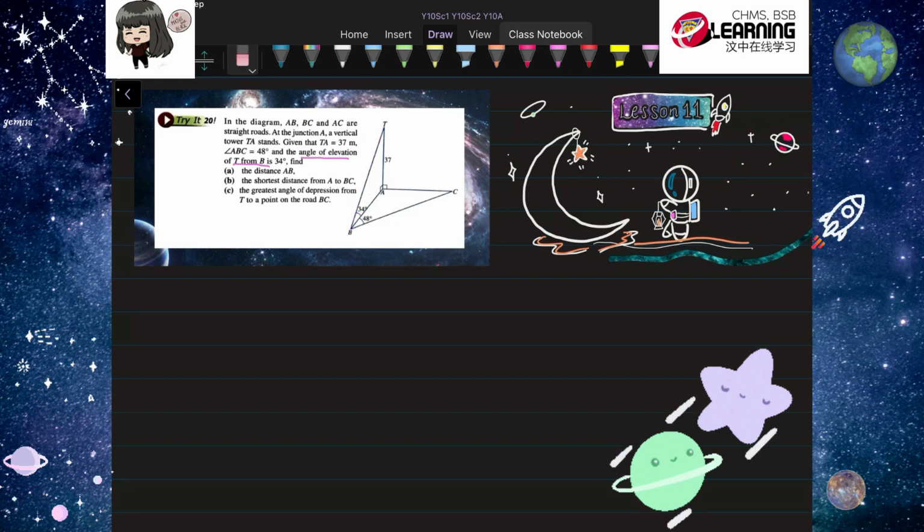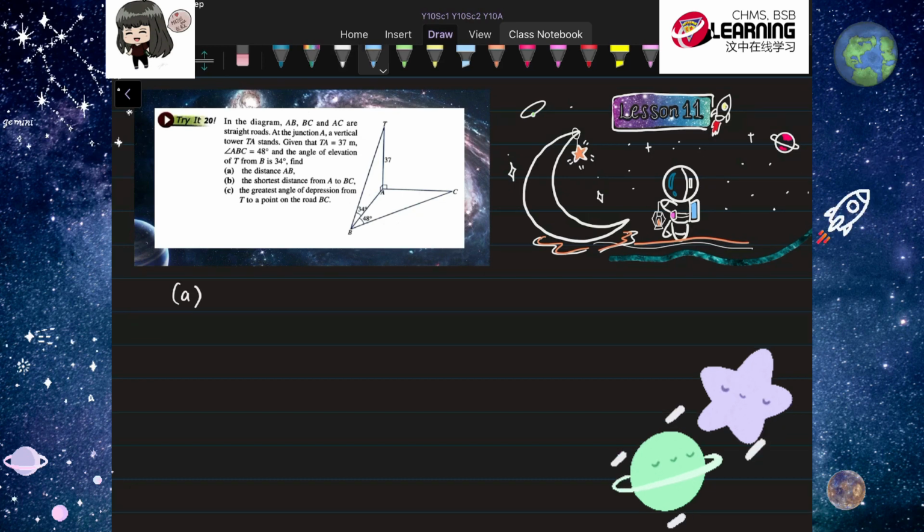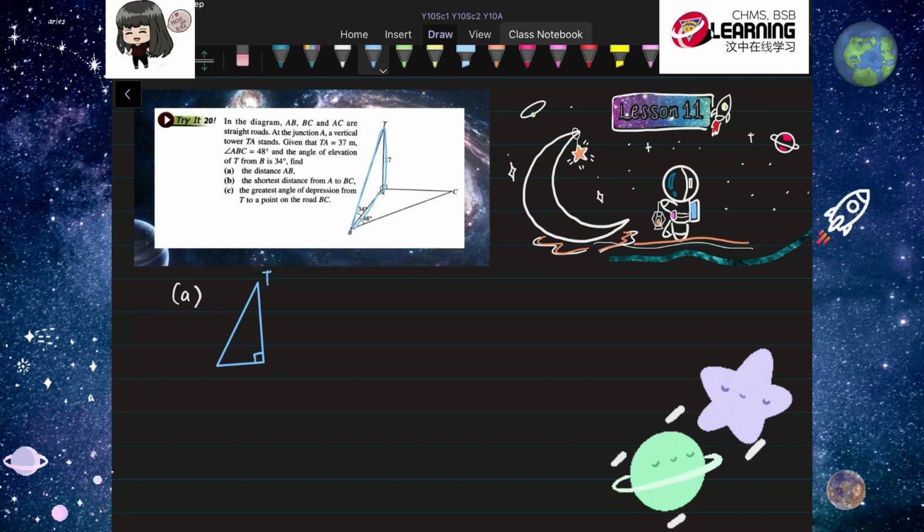Okay, so next find the distance of AB. We're going to use this triangle here, the blue triangle that I drew. It's a 90 degree. Your T here, your A here, and your B is here.